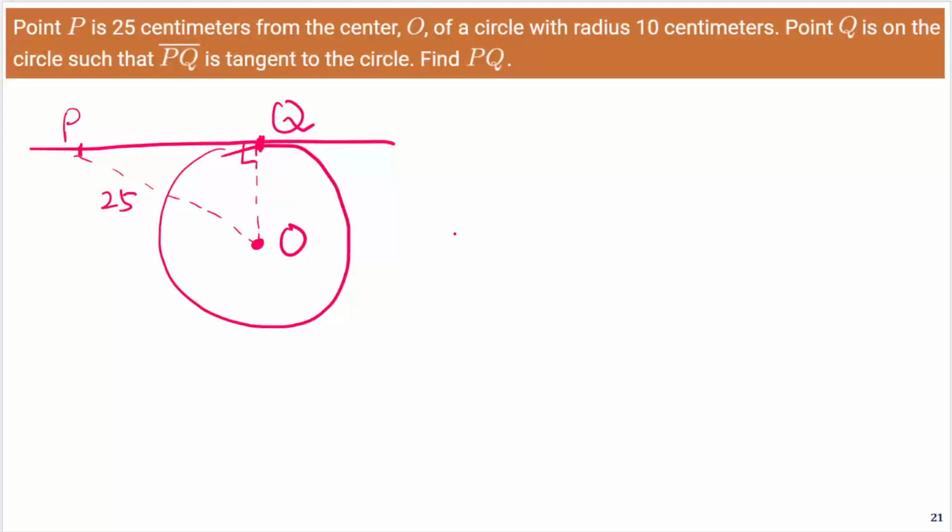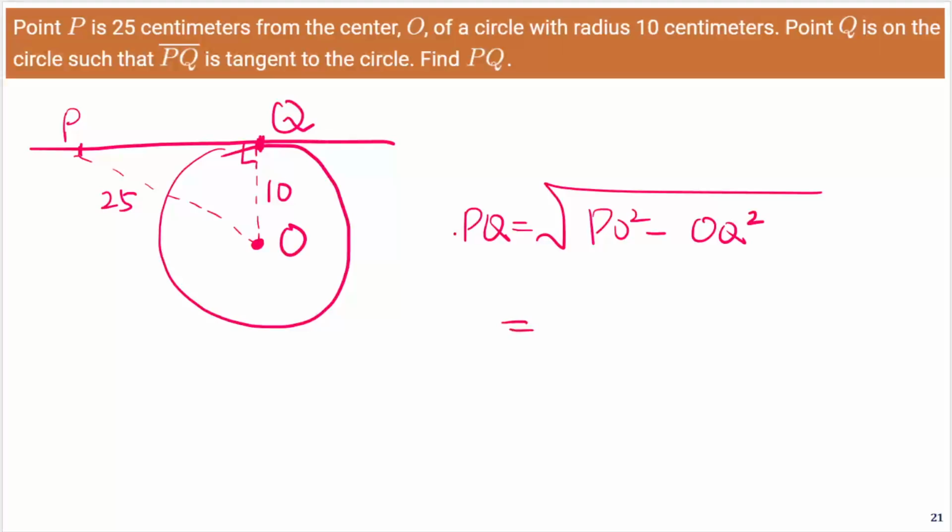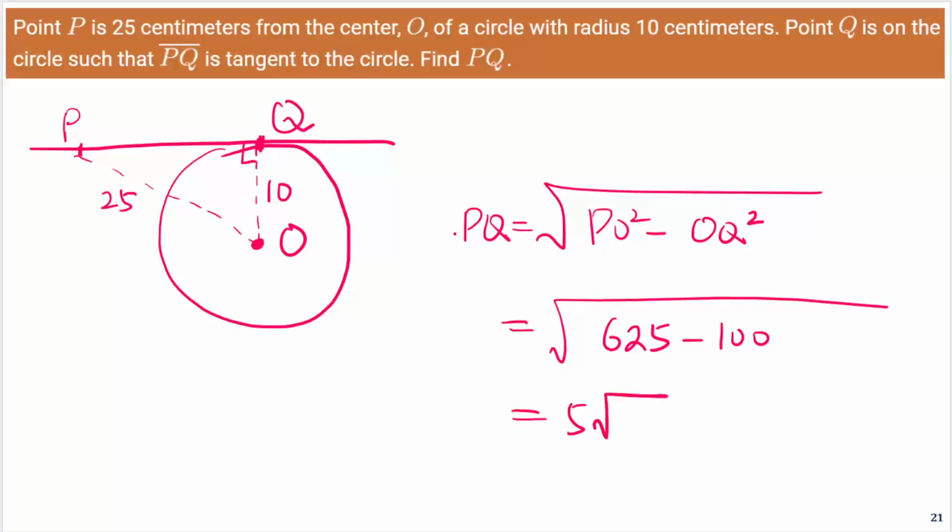And radius 10 means QO is 10. Of course, we can find PQ in that right triangle, right? So PQ is just the square root of PO squared minus OQ squared, right? So this gives us 225 minus 100. And that leaves us 5 square root of 21 centimeters.